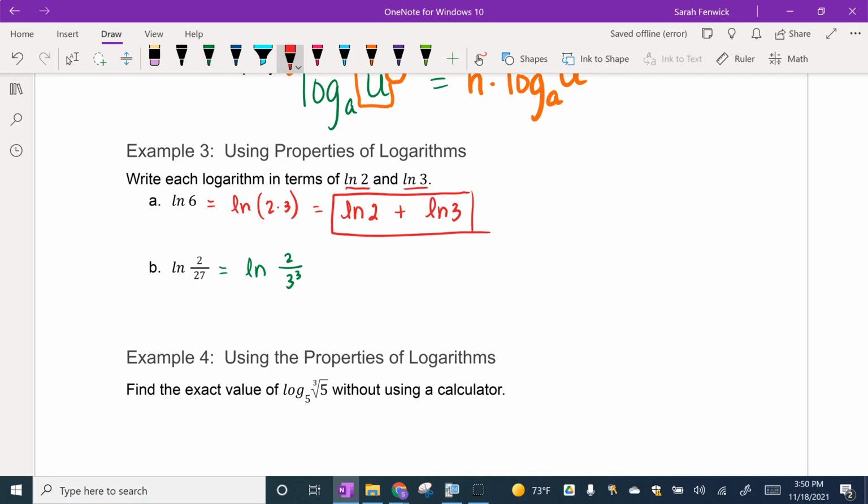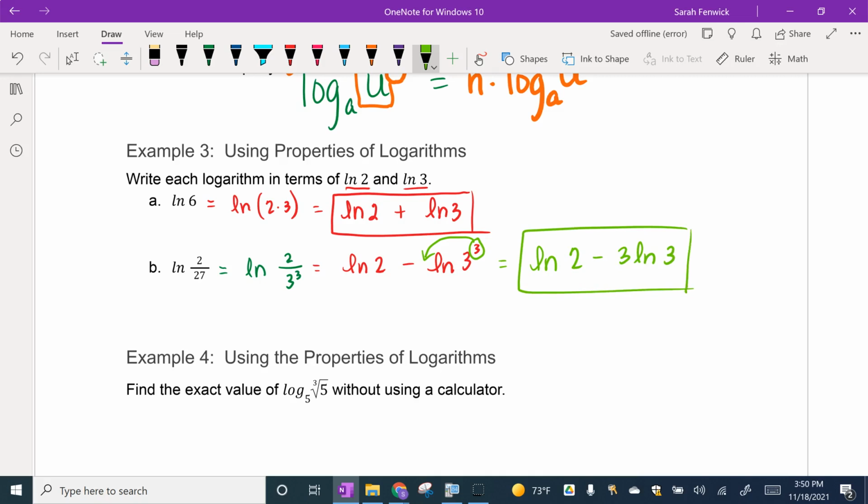So this, because it's division, breaks up into ln 2 minus ln of 3 to the third. So that uses our quotient property, but then we can also use our power property. We'll notice that that 3 power was only on the 3, so it only goes to that ln. So the correct answer for this one would be ln 2 minus 3 ln 3.